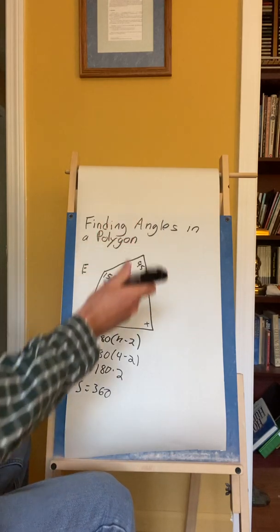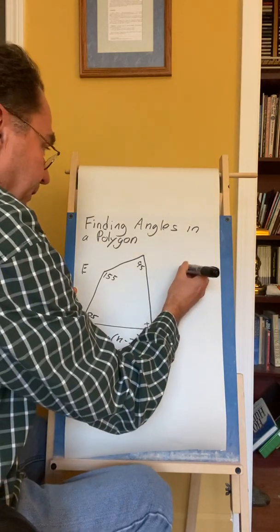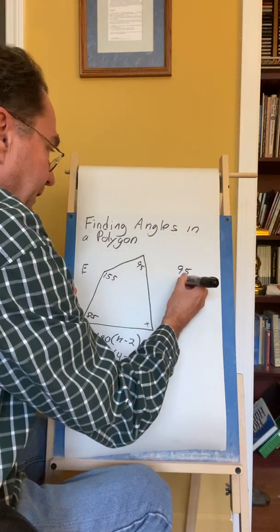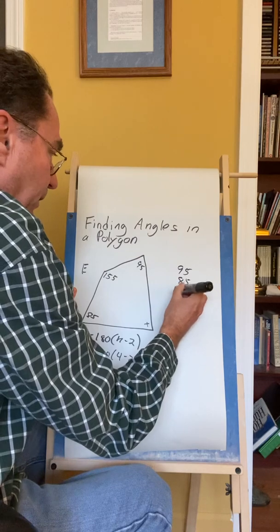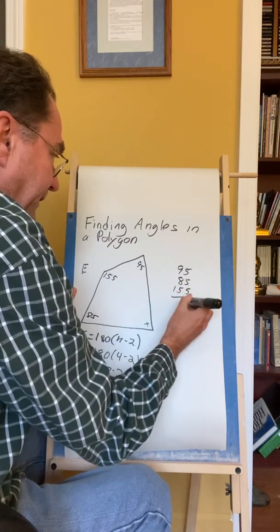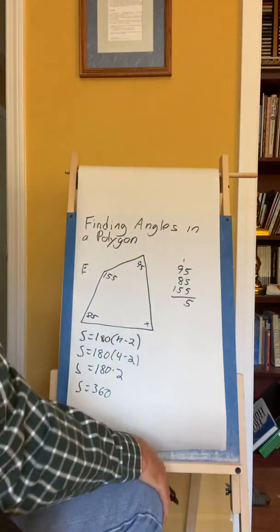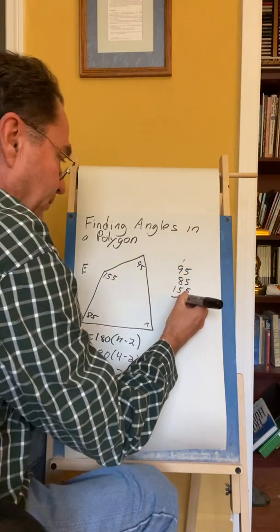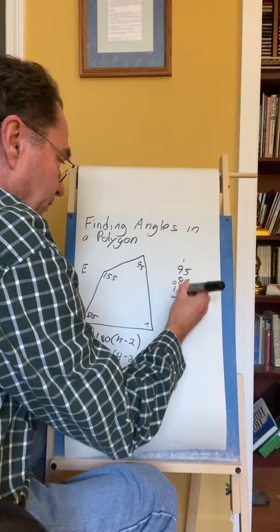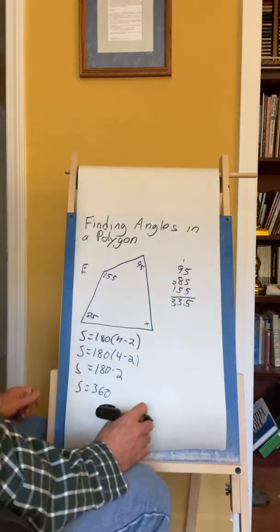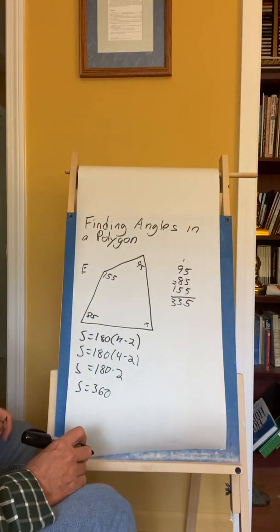We add up the three angles that we know. We add up the 95, the 85, and the 155. 5, 5, and 5 is 15. That's 10, and 8 is 18, and 5 is 23. Carry the 2. We get 335. So what do we do?